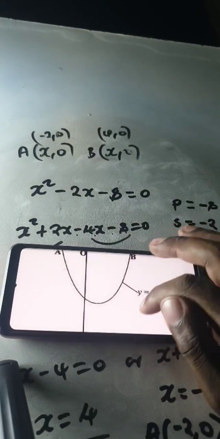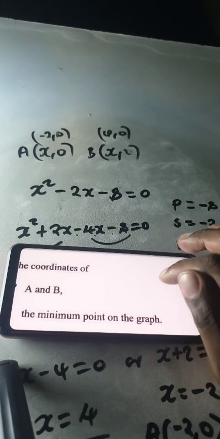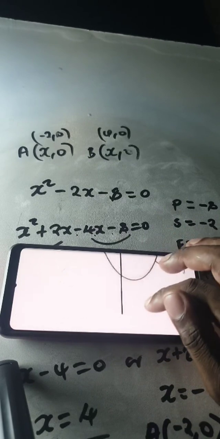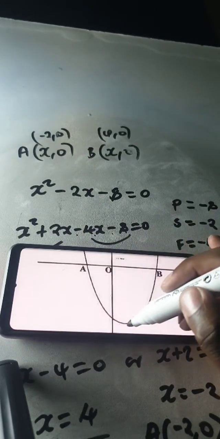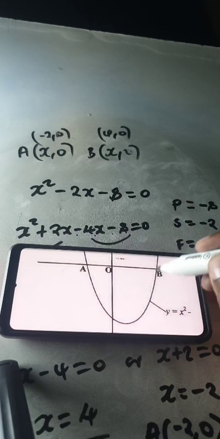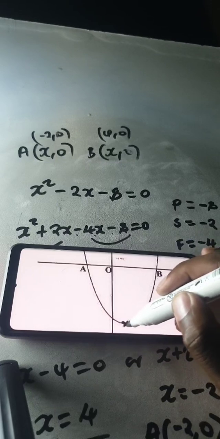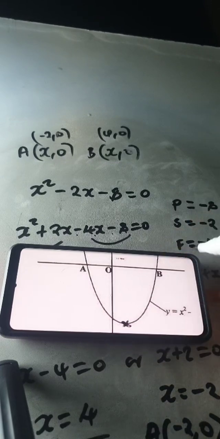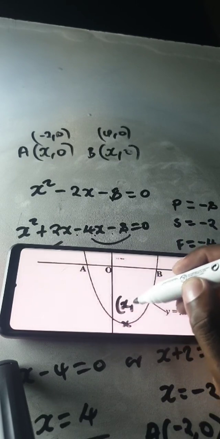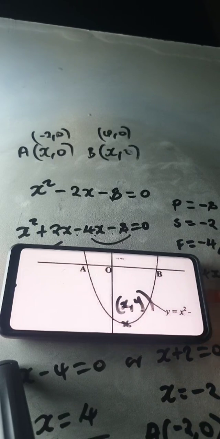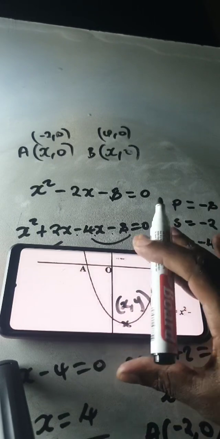The next question is saying find the minimum value, the minimum point on the graph. The minimum point is where the curve was dropping, then when it reached that point, it started picking up again. So let's say here's where our minimum point is. This minimum point has x, y coordinates.